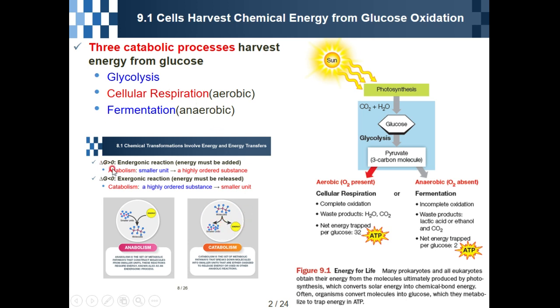In our cell, we usually use 3 catabolic processes, starting from glycolysis. When there is oxygen, they will do cellular respiration, or when there is no oxygen, fermentation will be done. So there are 3 catabolic processes that harvest energy from glucose.